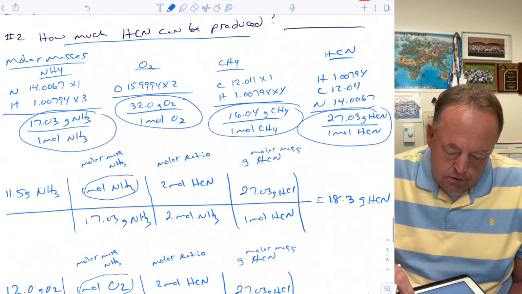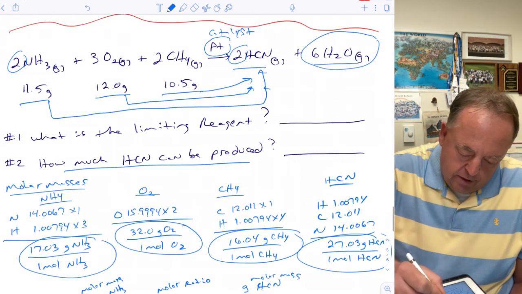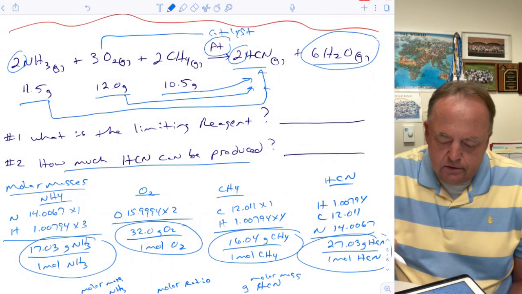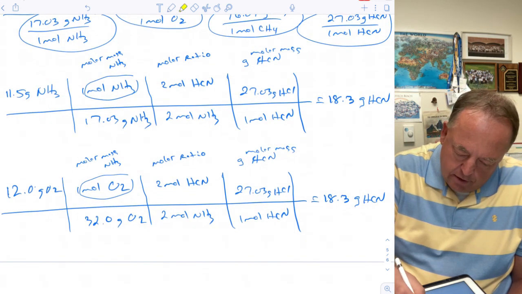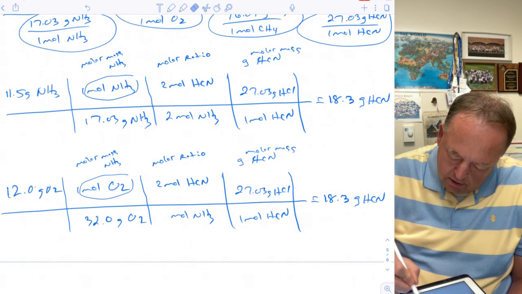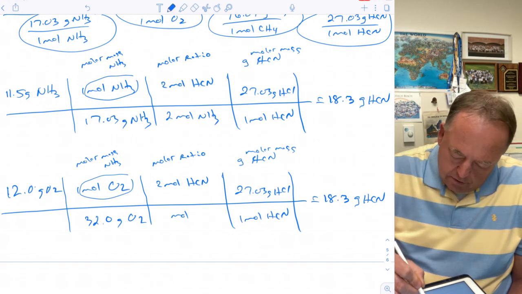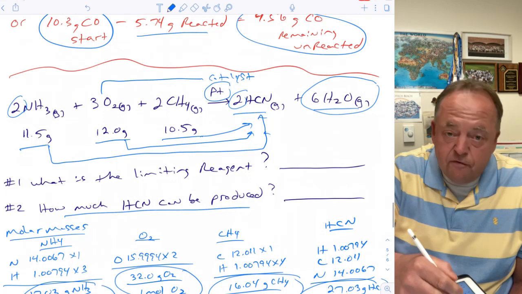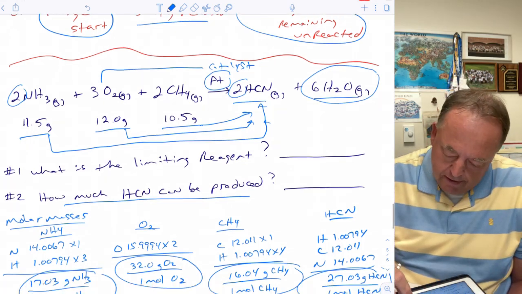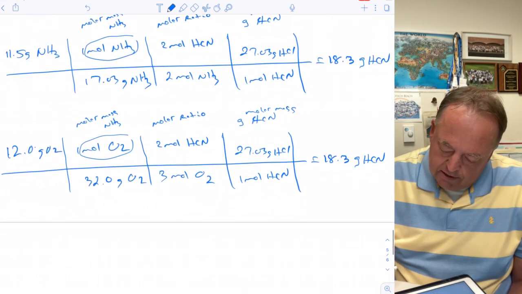And the molar ratio is 3 to 2. So 2 moles of HCN on top, so we don't have to change the top there. We just have to change the bottom here. That would be 3 moles of O2. We put the number in front of O2 in the chemical equation there. Then the last column stays the same.